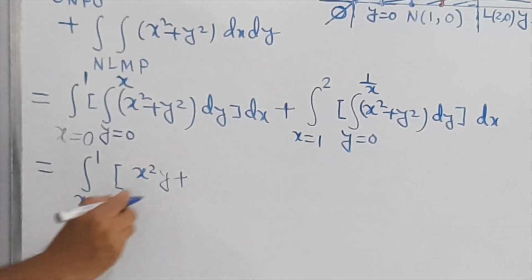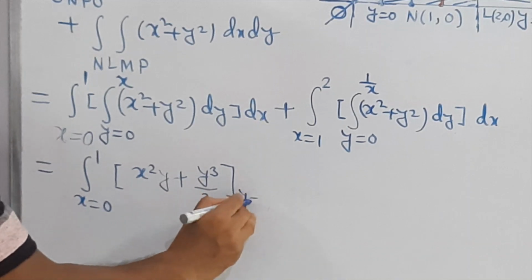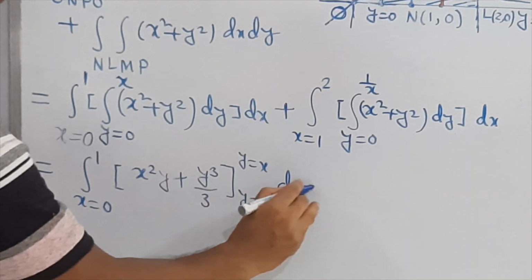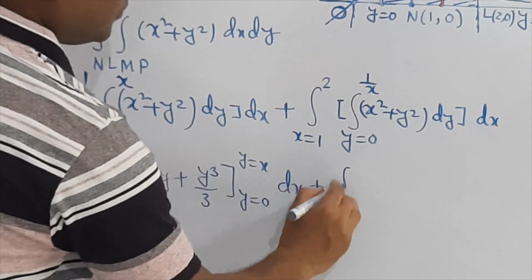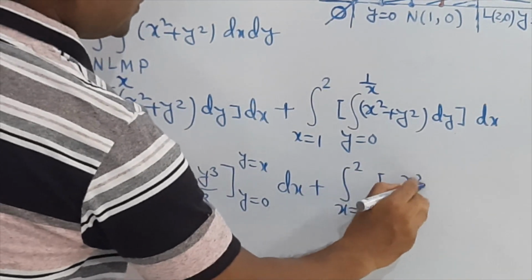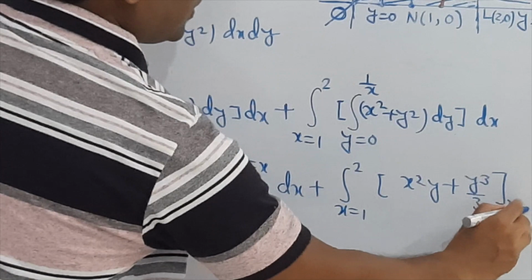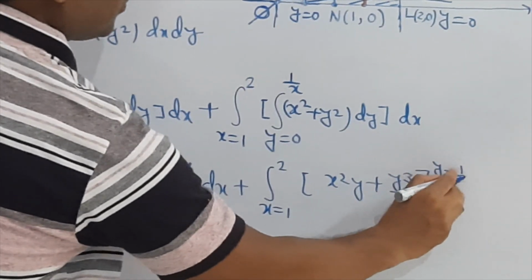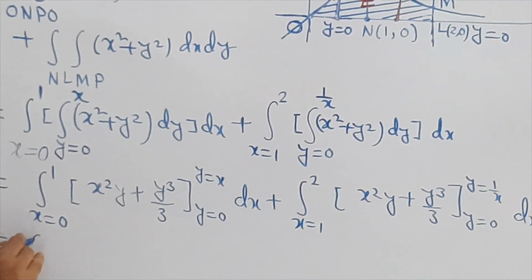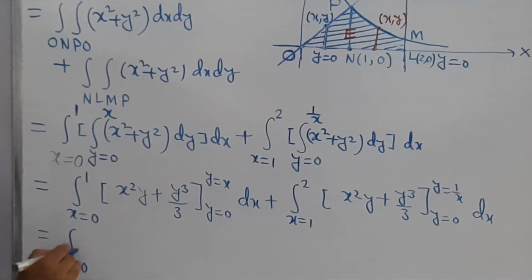We get the integral of x square y plus y cube by 3, lower limit y is equal to 0, upper limit y is equal to x, dx, plus, for x from 1 to 2, x square y plus y cube by 3, lower limit y is equal to 0, upper limit y is equal to 1 by x, dx.